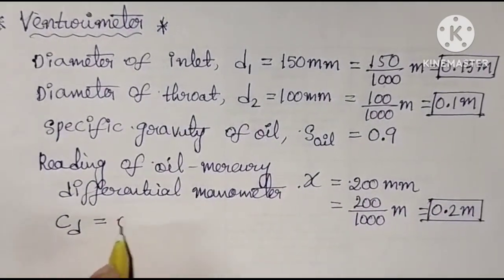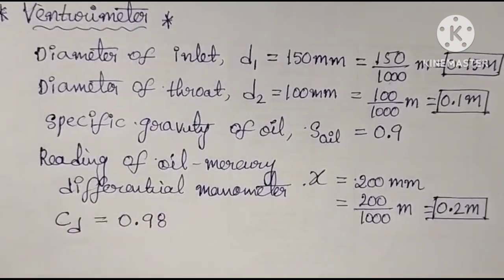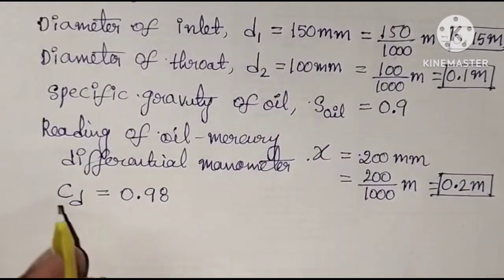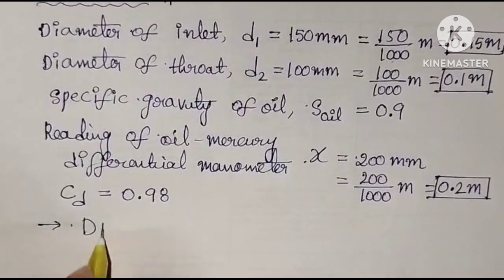Coefficient of discharge of meter is taken as 0.98. Ultimately, we need the discharge Q.